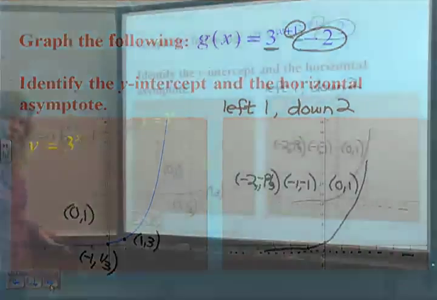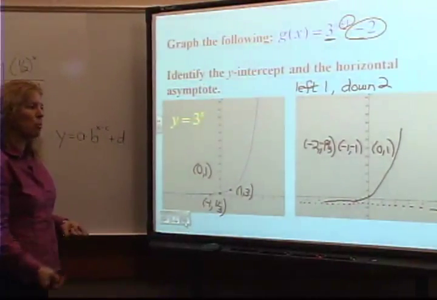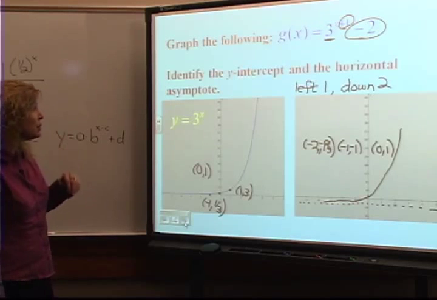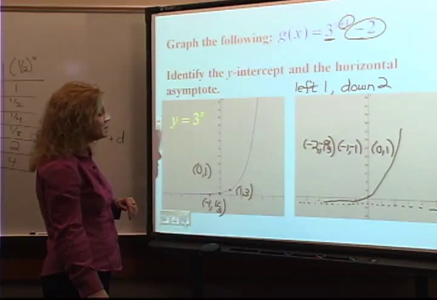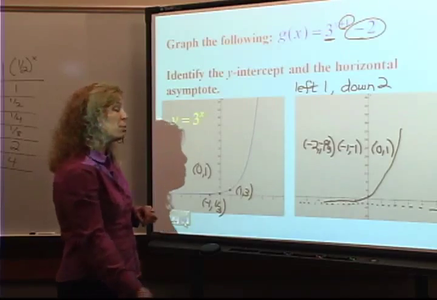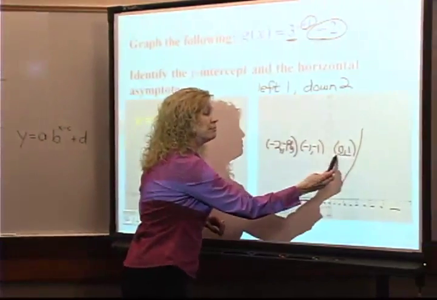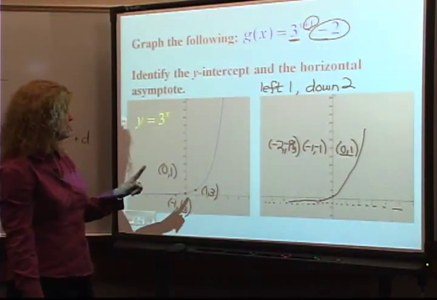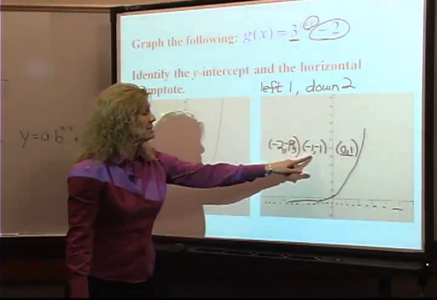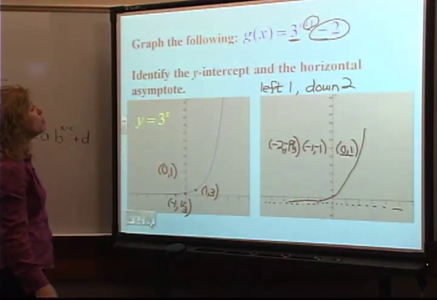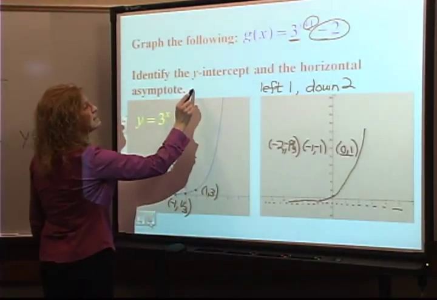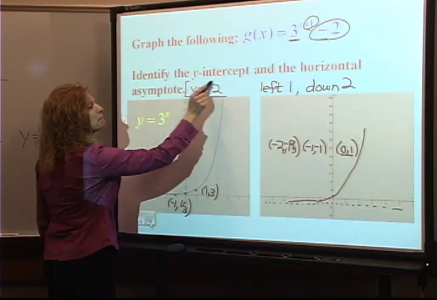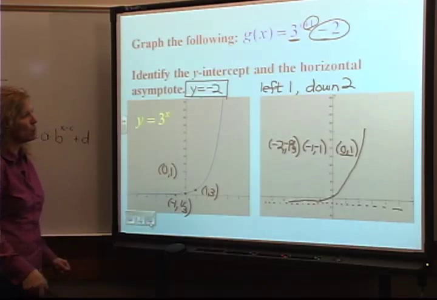And if you want better accuracy, plot more points. So identify the y-intercept and the horizontal asymptote. Well, my y-intercept is 0, 1. Of course, I'm also interested in where the old y-intercept ended up. And my horizontal asymptote is y equals negative 2.